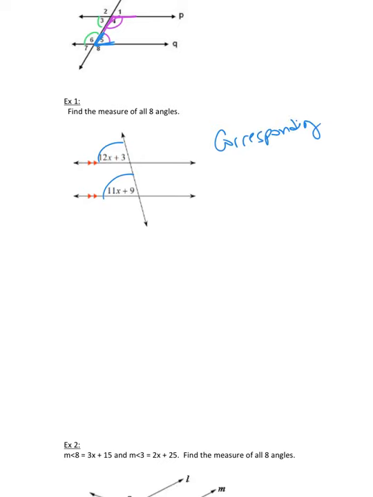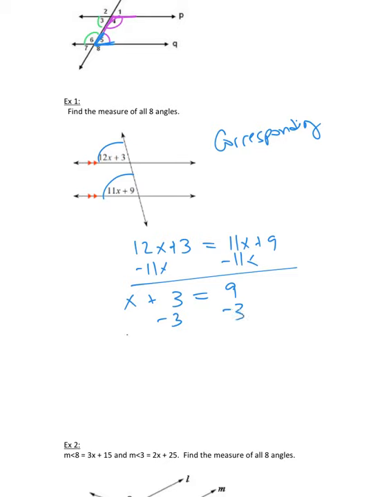And you can see they're the same shape. They're congruent. So you would set up an equation that says 12x plus 3 is equal to 11x plus 9, and you would solve for x. Subtract 11x. I have x plus 3 equals 9. Subtract 3. I have x equals 6.